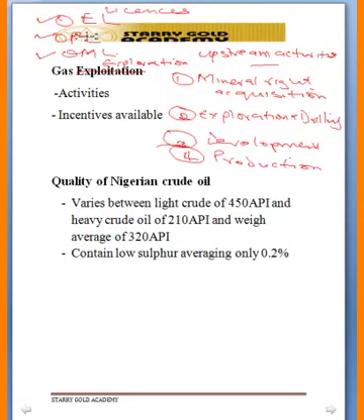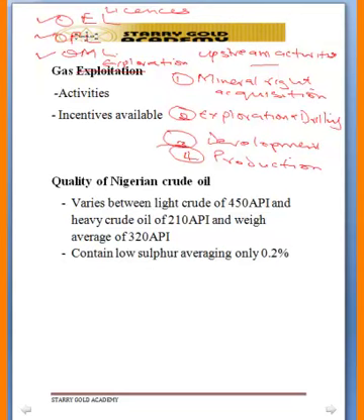Now, that is another sector. They are also beneficiaries of some incentives by the federal government. What are the incentives that are available to companies in the gas sector of that industry?